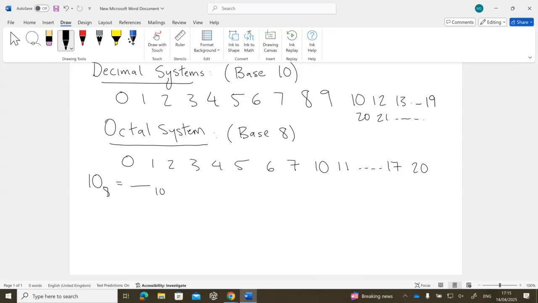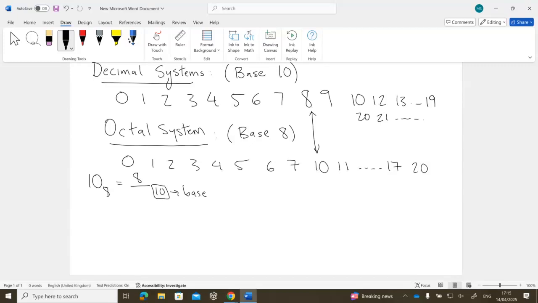Right? 10 in base 8 is 8 in base 10. So if you see a number next to it, this will say this is the base. Does that make sense? Any questions here?